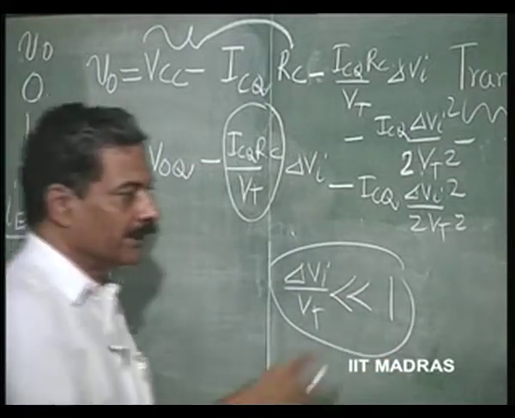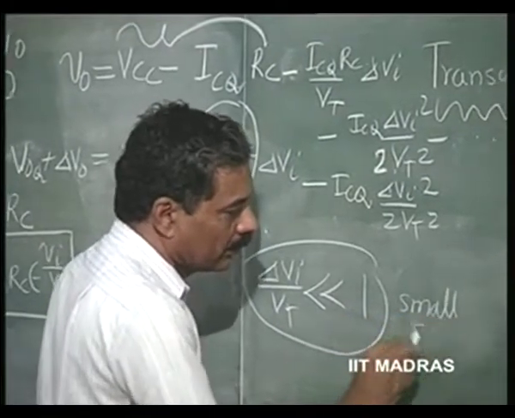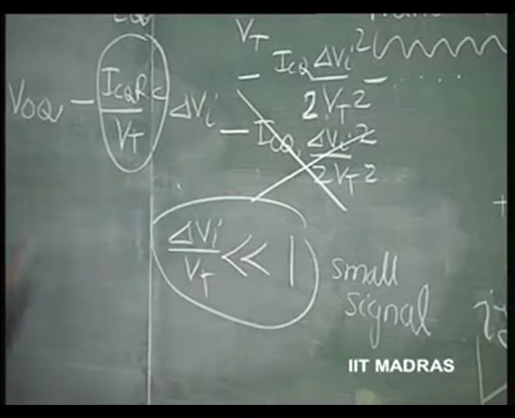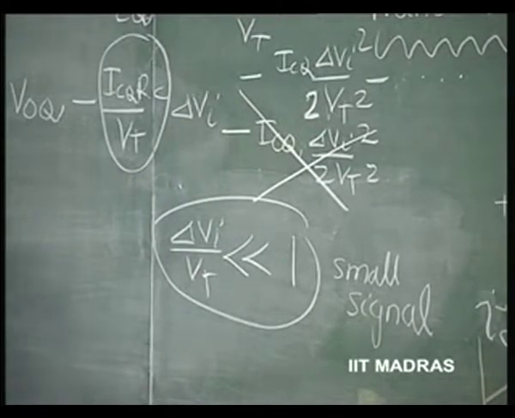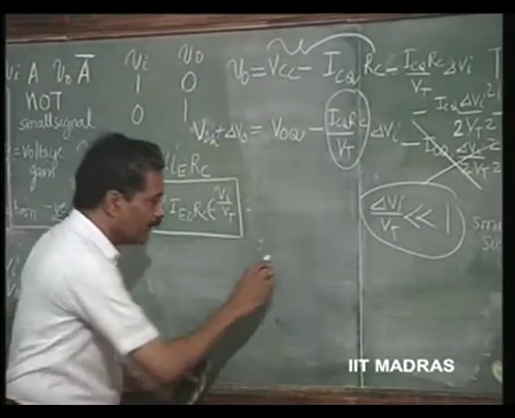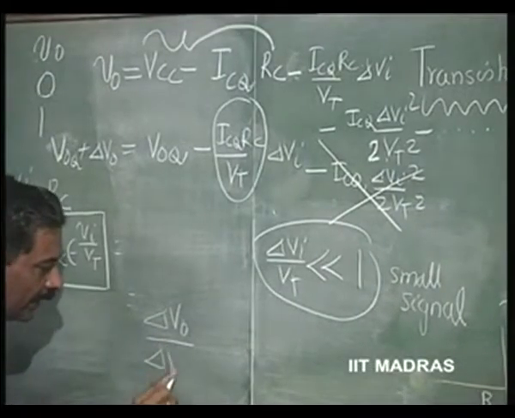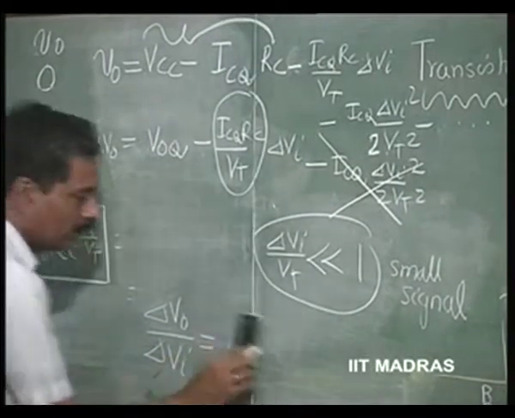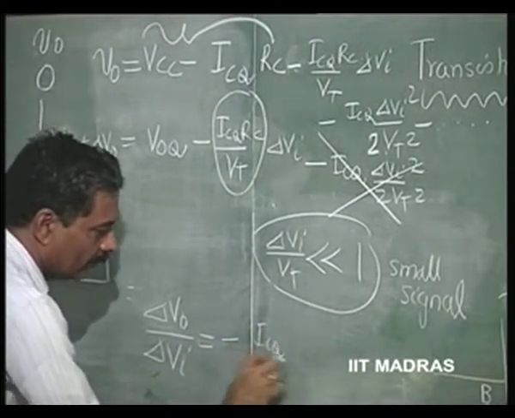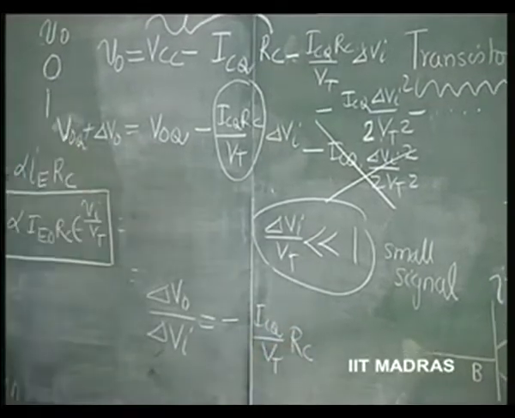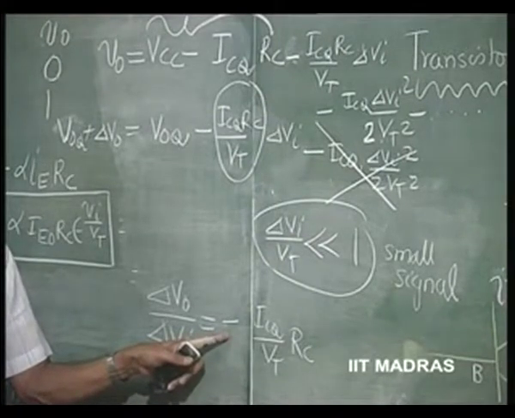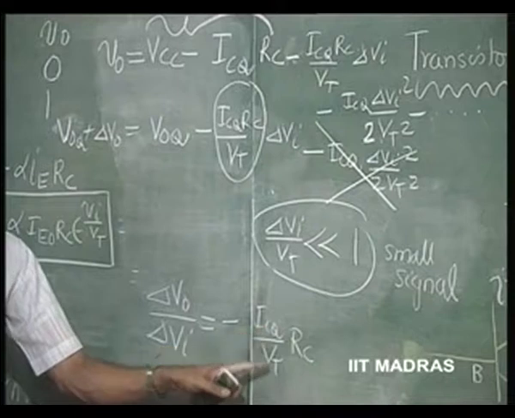This is called small signal, in which case the nonlinearity can be neglected, and I can consider that for a delta V naught there is a delta VI, or delta V naught by delta VI is equal to, how much is that? Minus ICQ by VT into RC, which indicates there is an inversion, and the slope corresponds to ICQ by VT into RC.